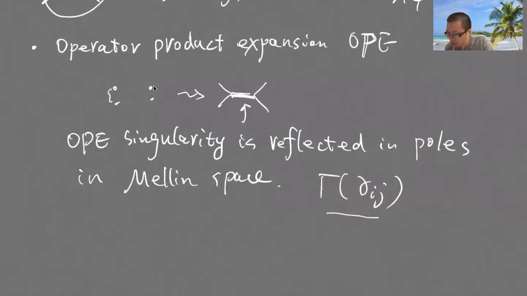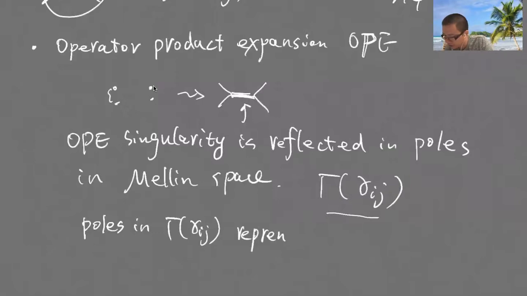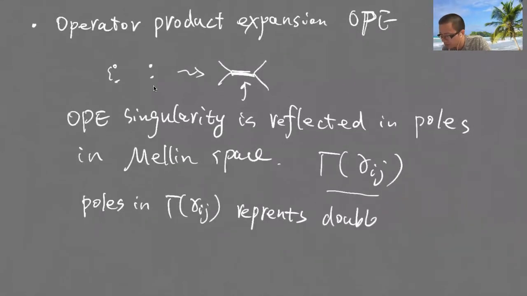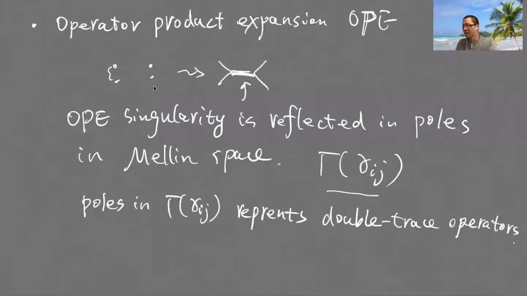So the poles in the gamma function represent the so-called double trace operators. In the large N limit, we basically know what double trace operators are, and in particular, the anomalous dimensions of the double trace operators are suppressed by 1 over N.